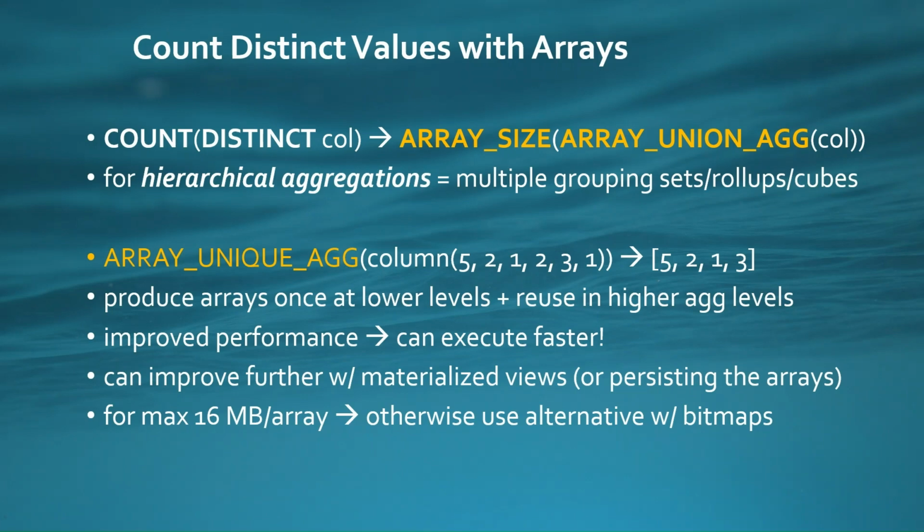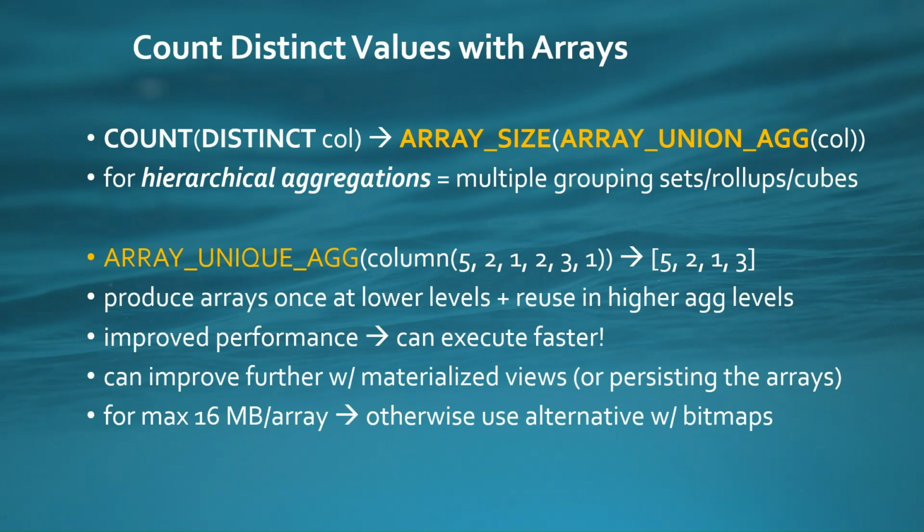You can further improve the performance using materialized views or just persisting the intermediate arrays. You can persist the intermediate arrays that you can collect from different rows. You can persist just the array with no duplicates returned by array union AGG.